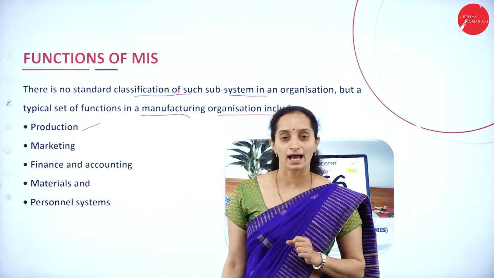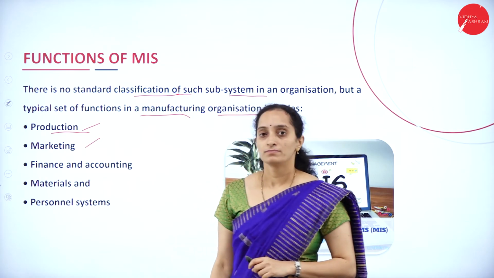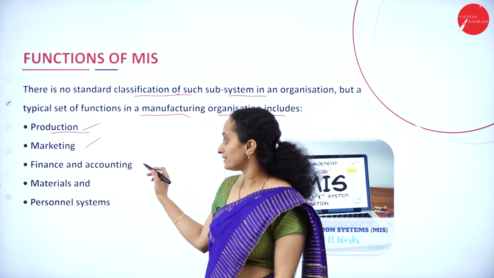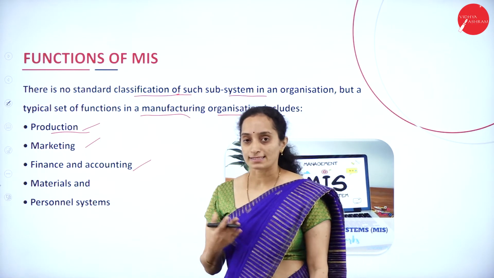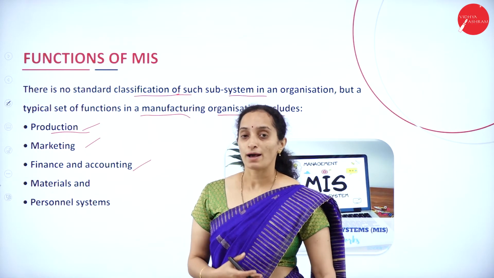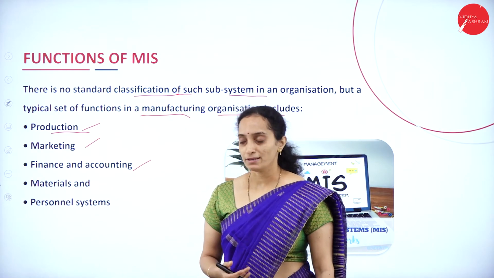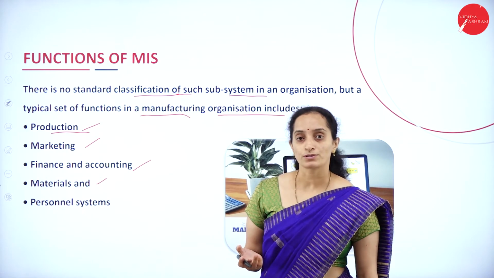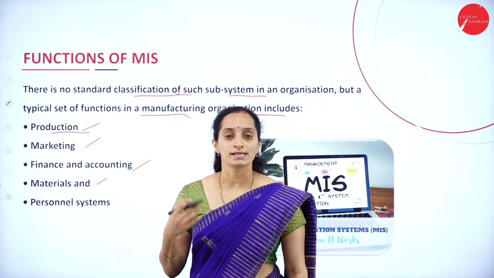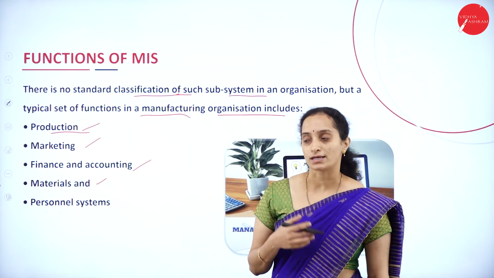The MIS can have production, another is the marketing department, finance and accounting related to the transactions that are going to happen in terms of money. Then materials: what are the raw materials that are going to be received, what are the final materials that must be provided to the customers.